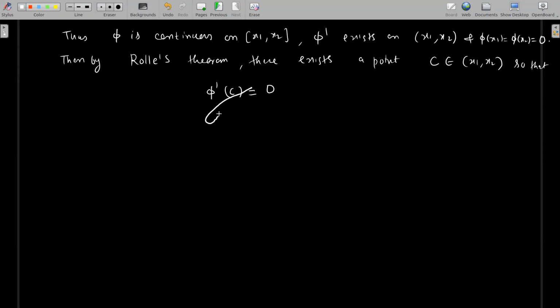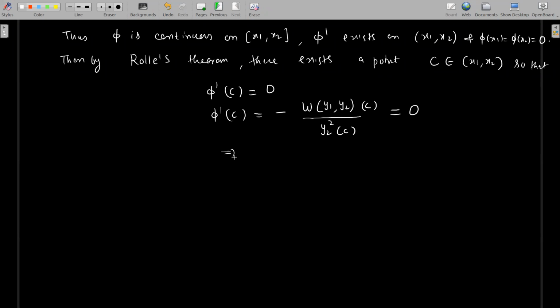अब phi dash C क्या होगा, just go back, what is phi dash C? This is minus Wronskian y1 y2 at C divided by y2 square at point C. This is equal to 0.